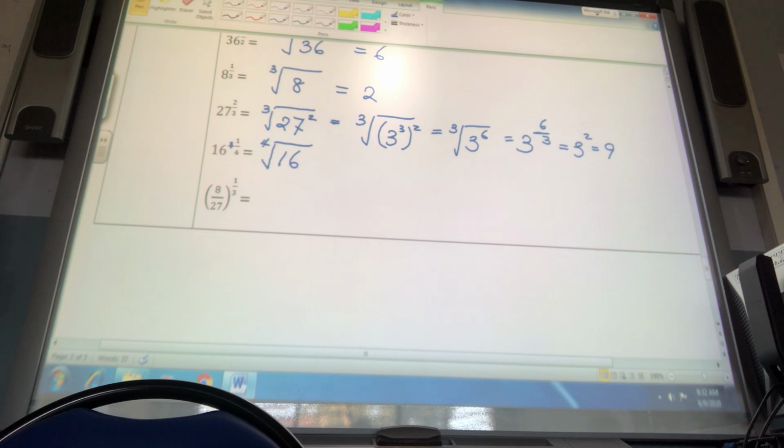So double check first of all if you have the correct third. It's 4th root of 16.